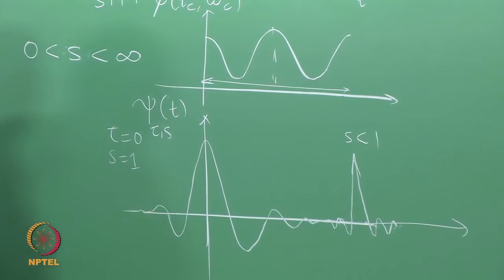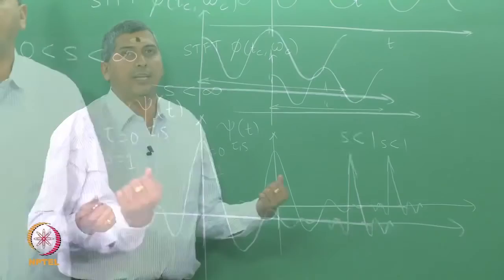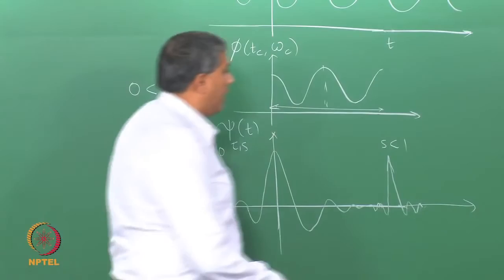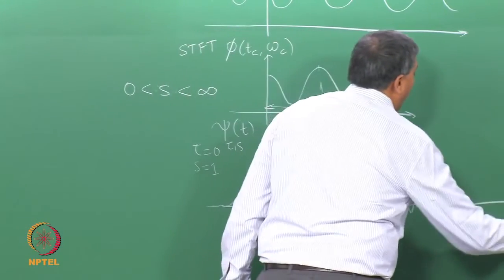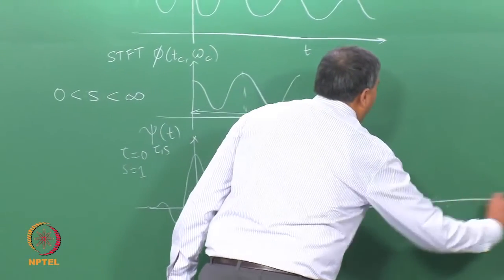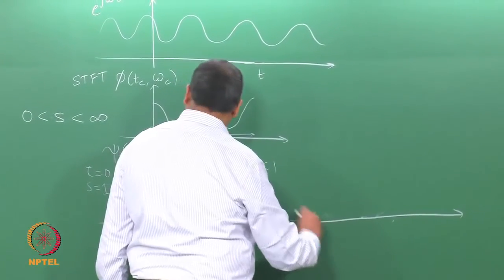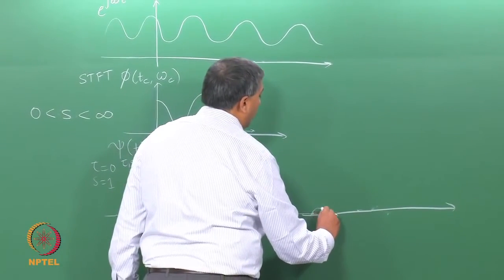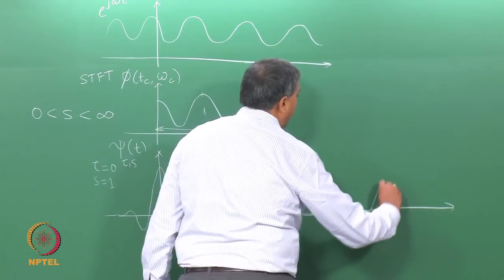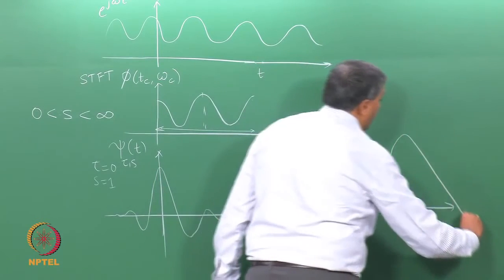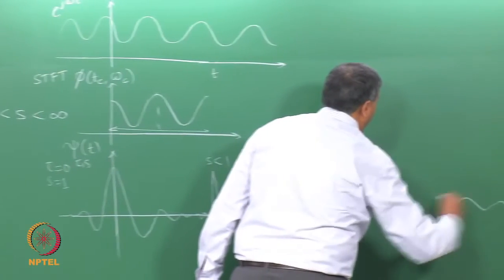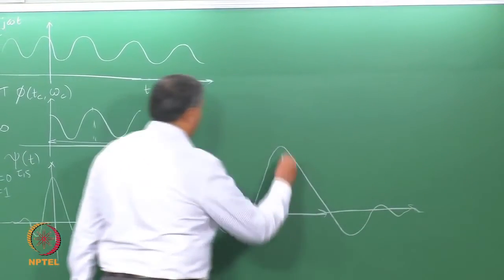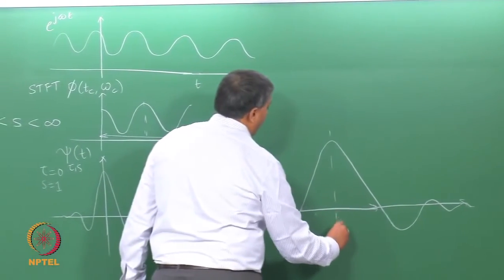And when I stretch this, that is when I choose values of s greater than 1, then I am dilating it or stretching it, then in that case for a different value of translation, I would have a wide wavelet. Again, just to qualitatively illustrate, it is not exactly drawn, I would have something like this. Okay. So, this is centered right now at tau.